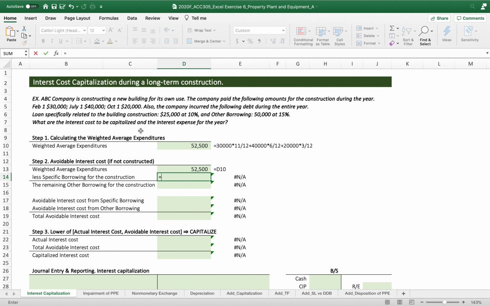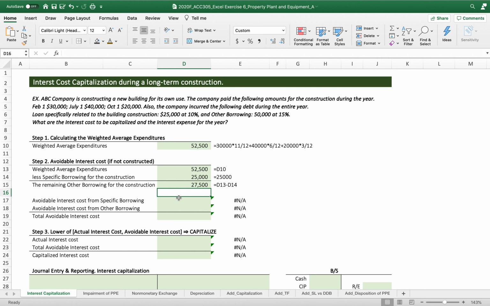So we put $25,000. Then, what is the remaining amount for the construction from other borrowing? Because we assume that the $25,000 is used up for this 52,500, the rest is 52,500 minus 25,000, so 27,500 out of this other borrowing of $50,000 is used to construct the building.